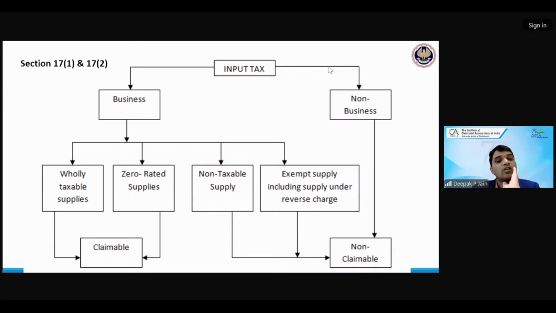So if supply of alcoholic liquor is made to SEZ, alcoholic liquor for human consumption is outside the scope of GST, correct?